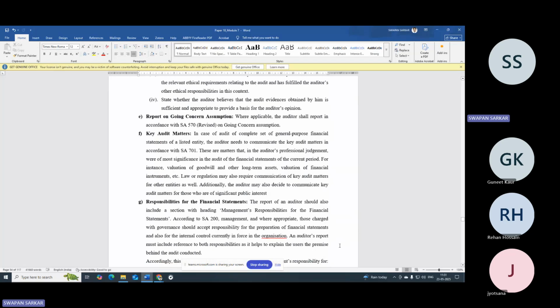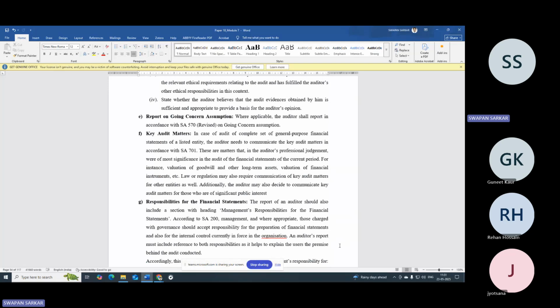Coming to another important point, that is key audit matters. In case of audit of a complete set of general purpose financial statements of a listed company, the auditor needs to communicate the key audit matters in accordance with SA 701. These are matters that, in the auditor's professional judgment, were of most significance in the audit of financial statements of the current period.